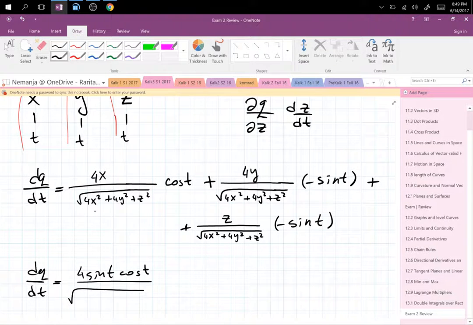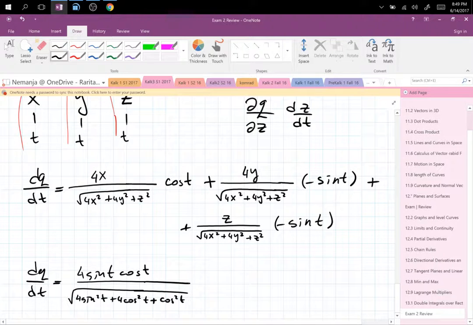If you factor out 4, you are going to have 4 times 1, right? Because sine squared plus cosine, let me write it out. 4 sine squared t plus 4 cosine squared t plus cosine squared t. That's how the denominator looks.